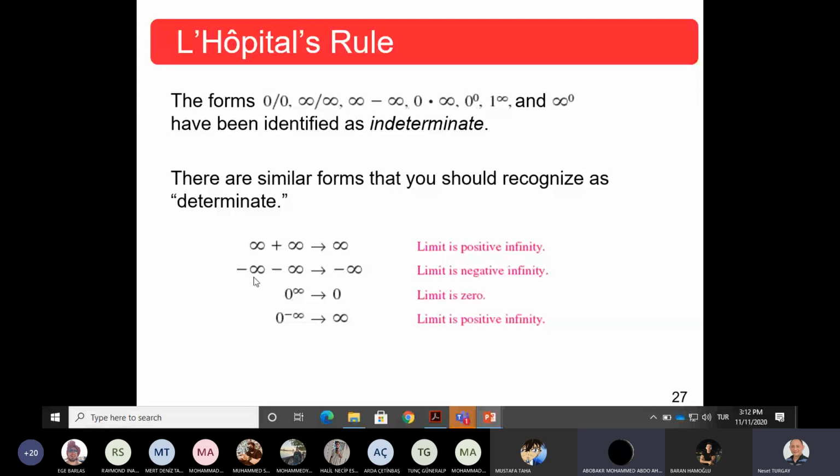If we have minus infinity, this also goes to minus infinity. 0 to the infinity goes to 0. 0 to the minus infinity goes to infinity. These are not indeterminate forms. These are determinate forms.